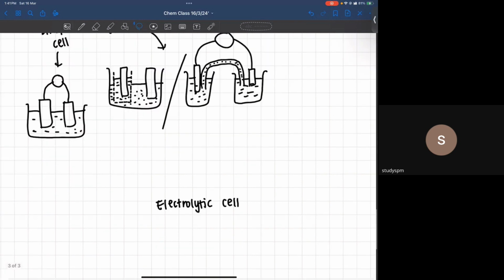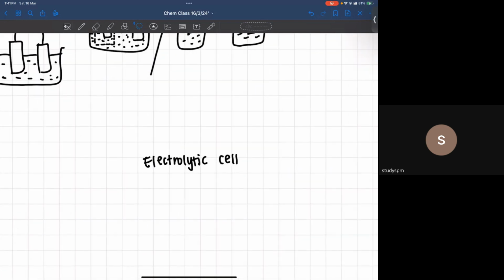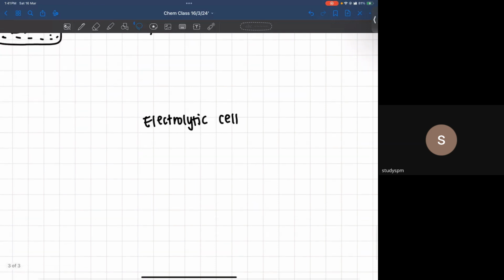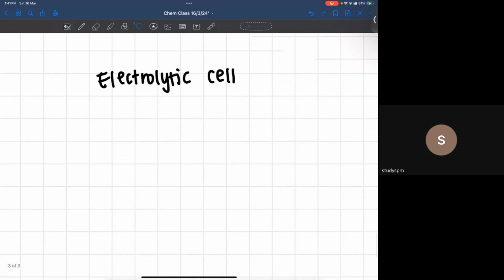And then for the electrolytic cell, very simple. As long as you see a battery. If you move on to the cathode, there's a bit of scary stuff, but I will tell you that later. We just look at the simple thing first.